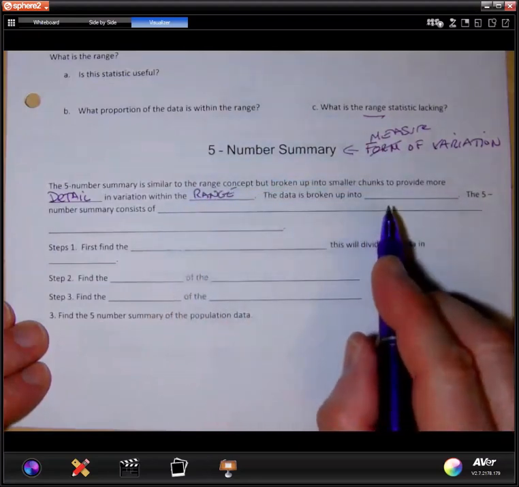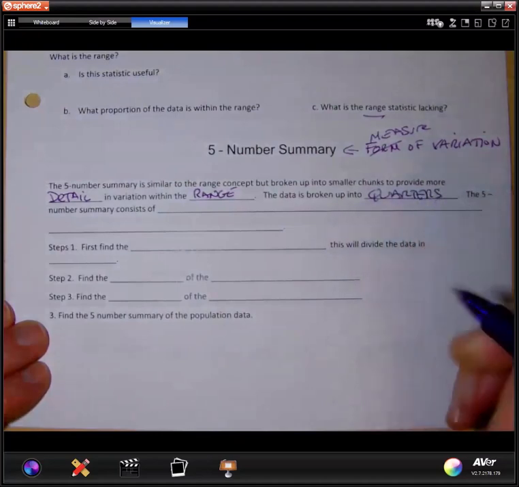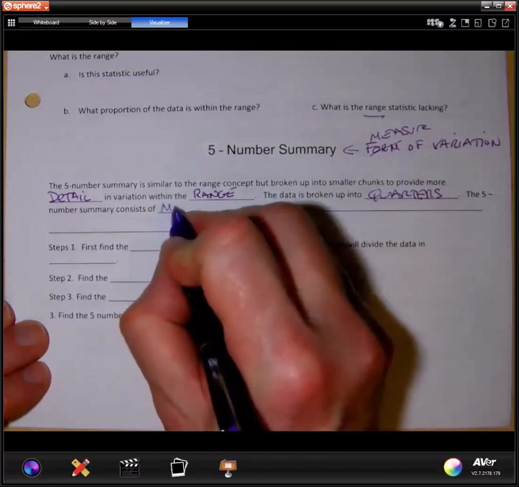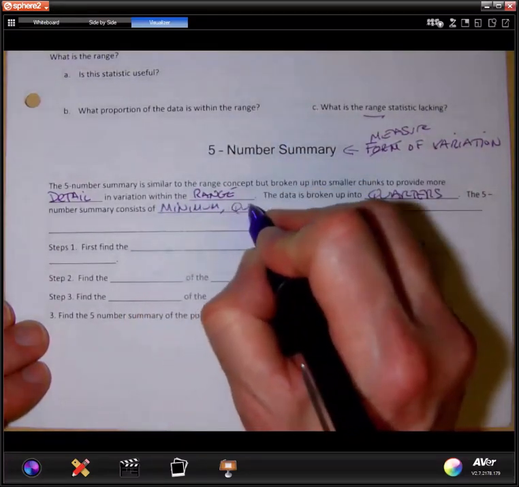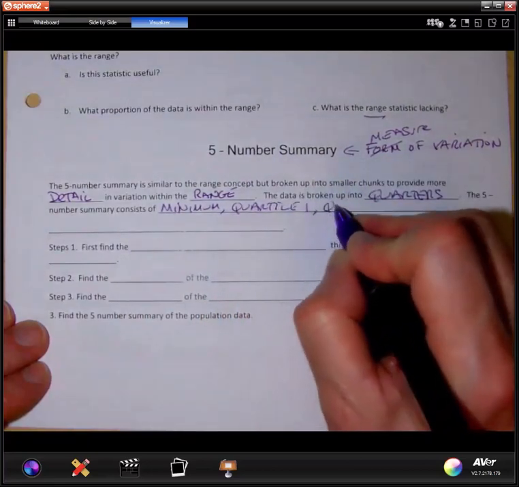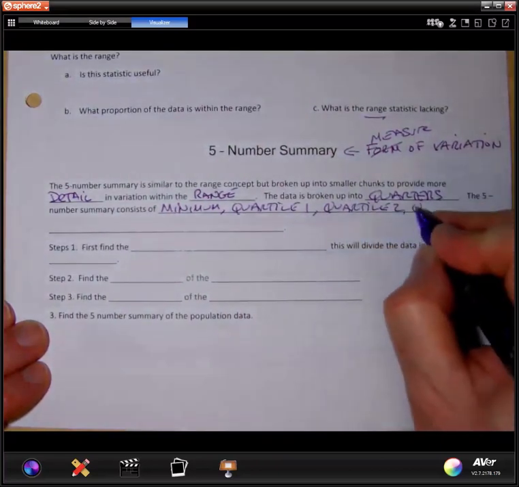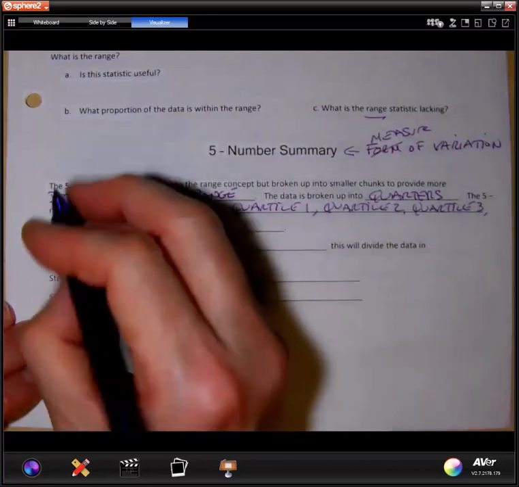The data is broken up into orders. The 5-number summary consists of these 5 values. The minimum, quartile 1, quartile 2, quartile 3, and finally the maximum.